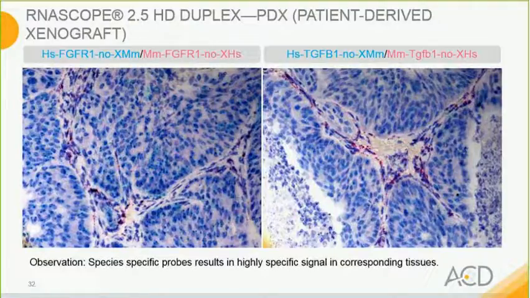These probes are specifically designed to have no cross-reactivity between human and mouse. We name them species-specific probes, labeled as "no cross." For example, the TGF-beta probe for human is labeled as human TGF-beta 1, no cross to mouse.